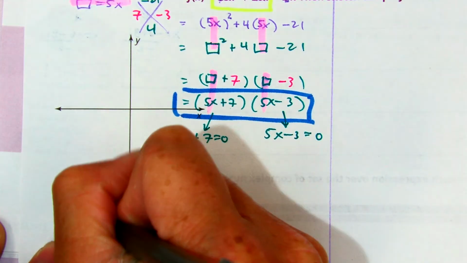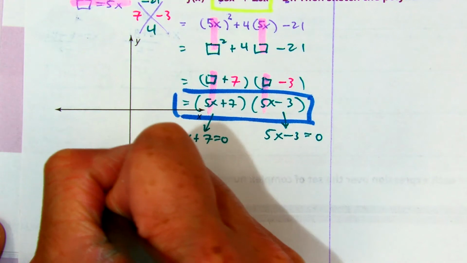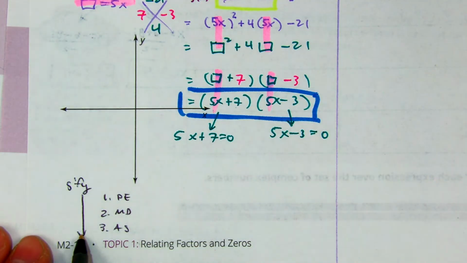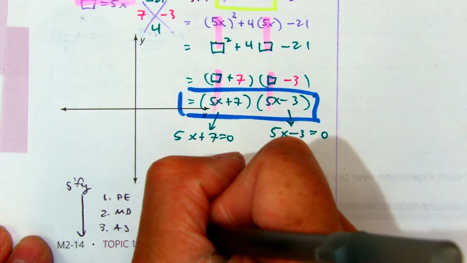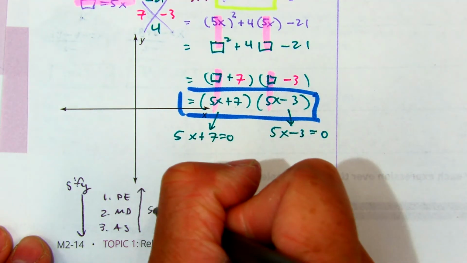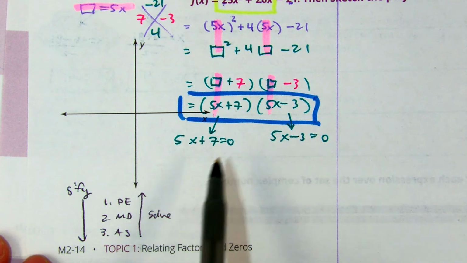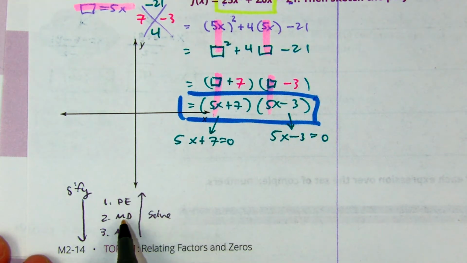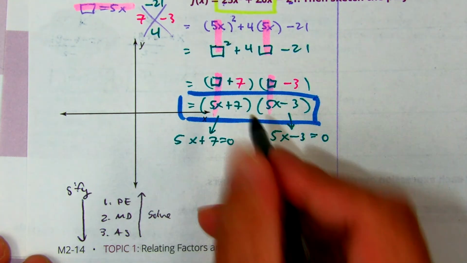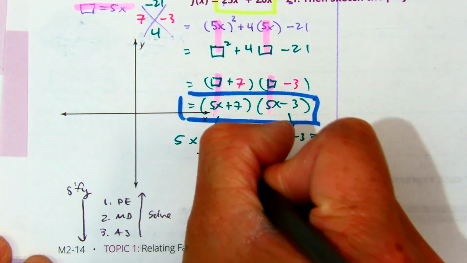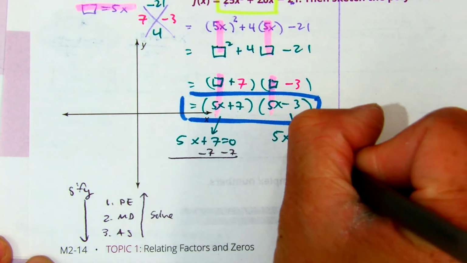Yeah, so if you haven't seen this, I want to show this to you. To simplify, you are actually going down on PEMDAS. But when you are solving, you go this direction. So the student didn't know that last period, and so instead of dividing by 5, you're going to do A and S first. So subtract 7, add 3.